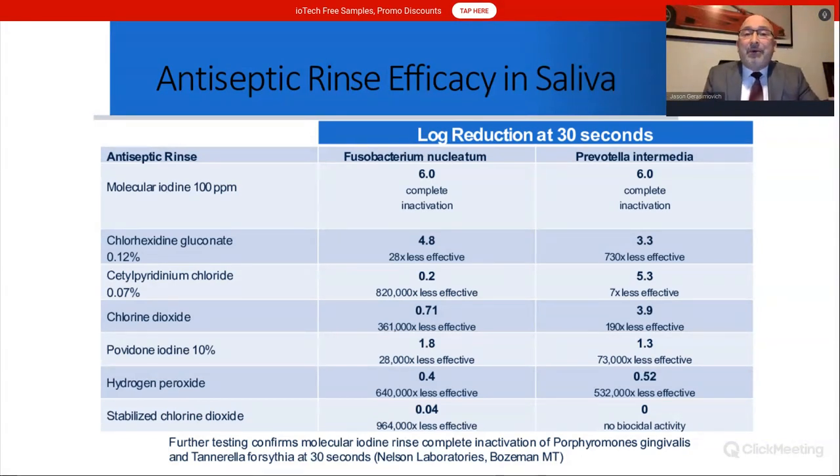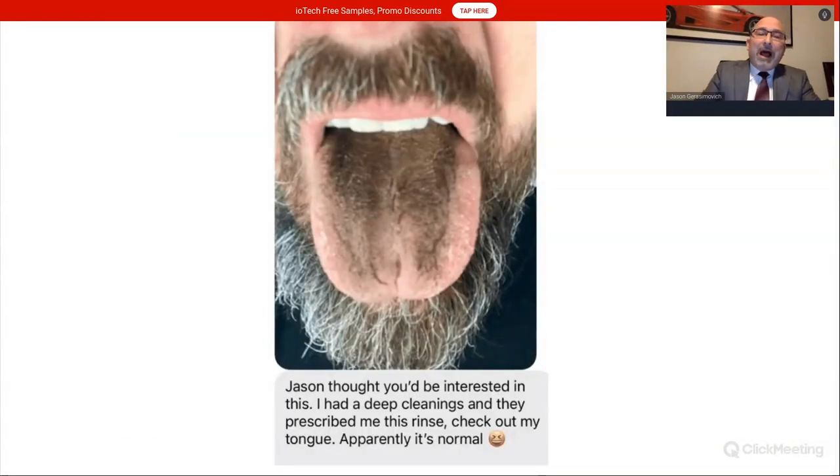And when we talk about using chlorhexidine or molecular iodine, the molecular iodine is wonderful for tissue. And why am I even talking about it? This was a gentleman using chlorhexidine who went to a dental office and texted me this photo of his tongue afterwards, showing me that the hygienist said this is normal.